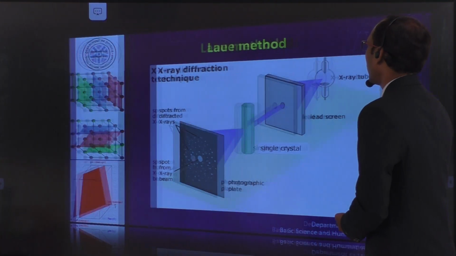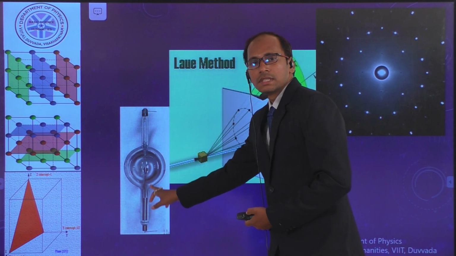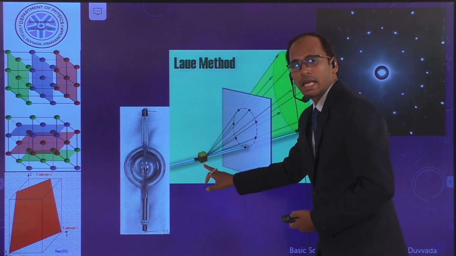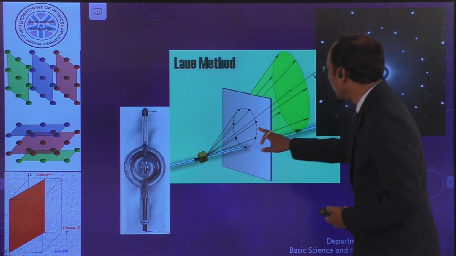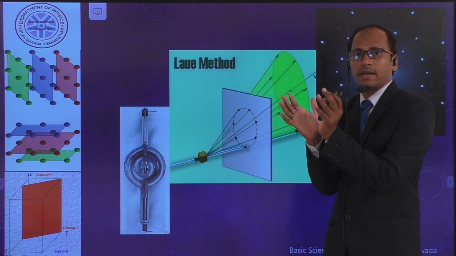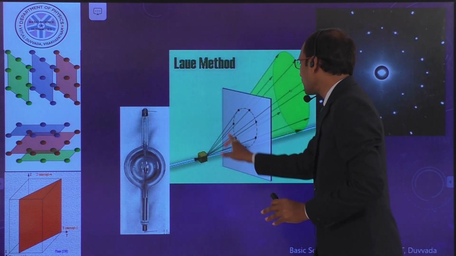So how does it look? See, this is the X-ray tube. From this X-ray tube, X-rays are incident on a material, that means a single crystal is here. Now on the photographic film, the scattered rays diverge and form a cone.